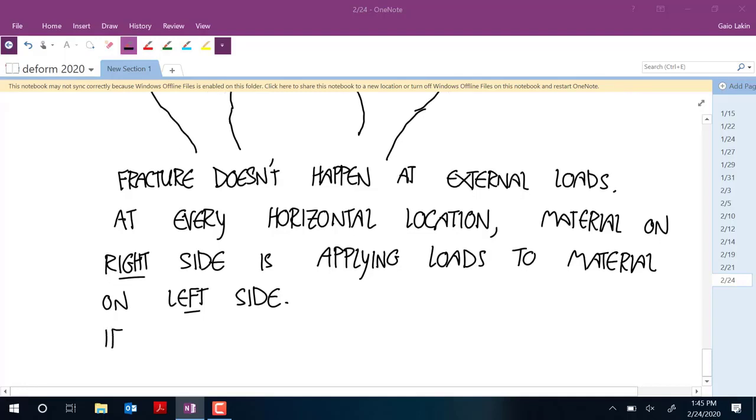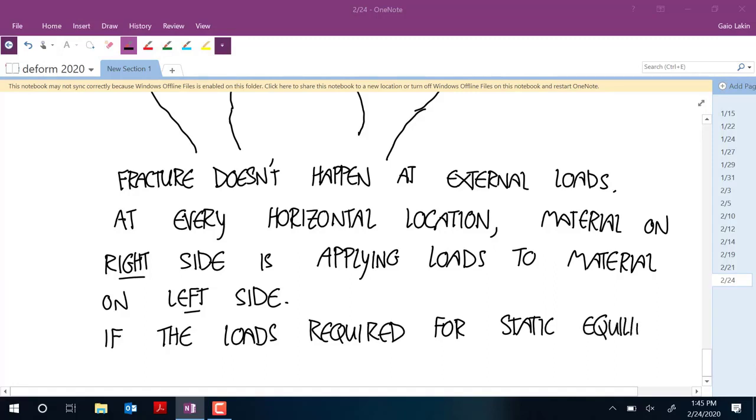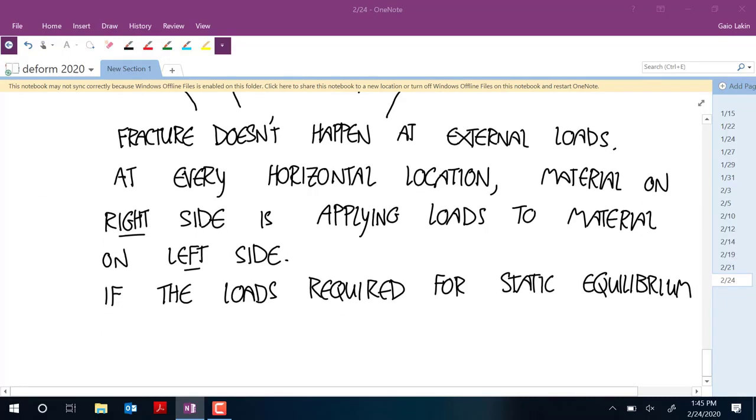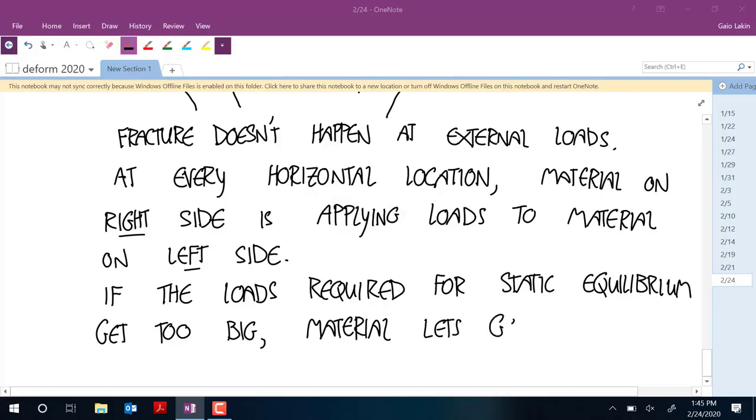If the loads that are required for static equilibrium get too big, then the material on one side lets go of the material it's connected to. And the stick breaks.